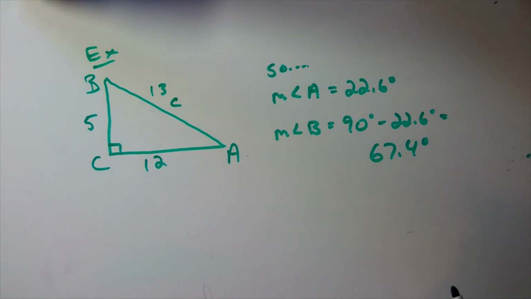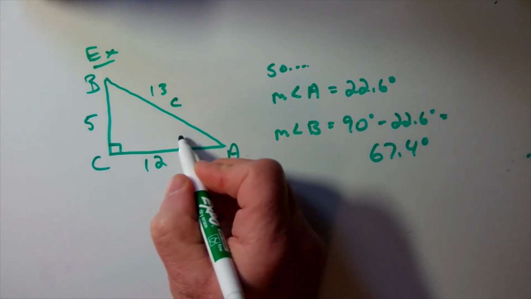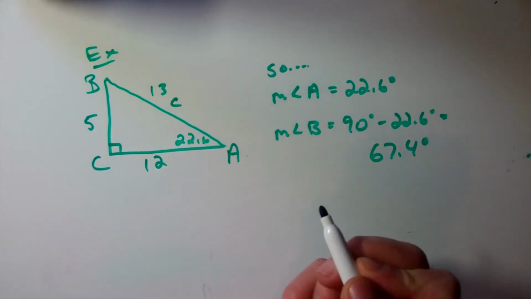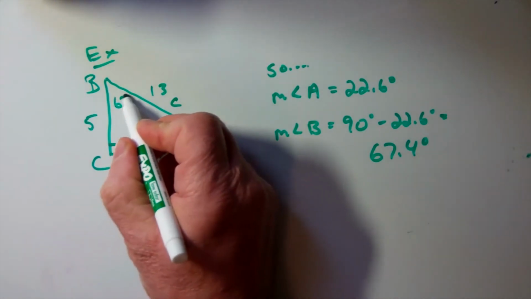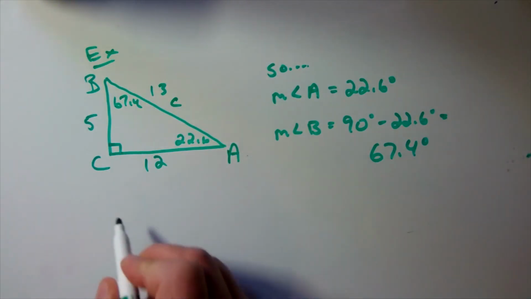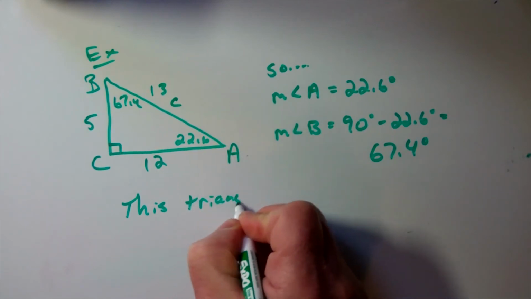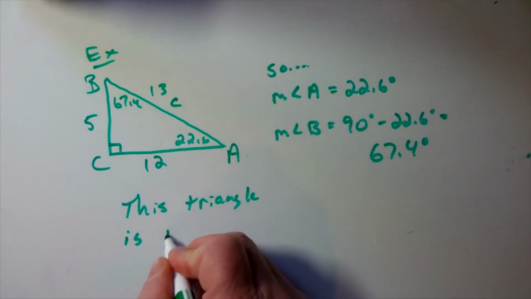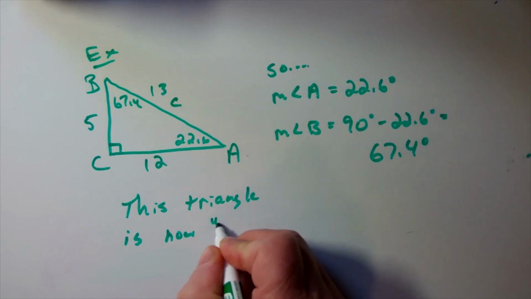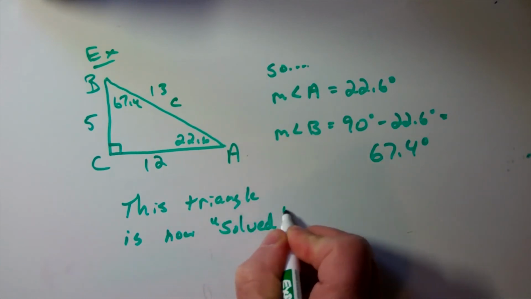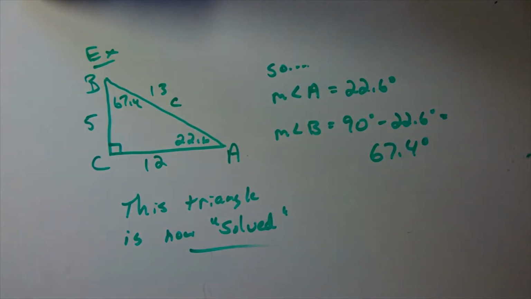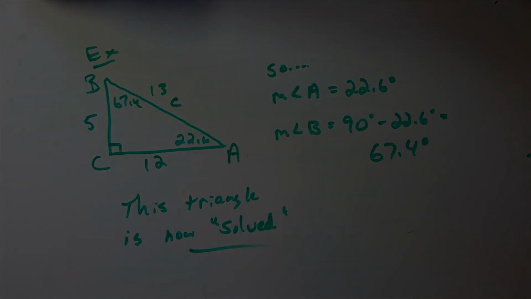So I've got the three angles of my triangle. Angle A is 22.6 degrees, angle B is 67.4 degrees, angle C is 90 degrees, and this triangle has now been solved. So how about we do some problems and we'll go on from there.